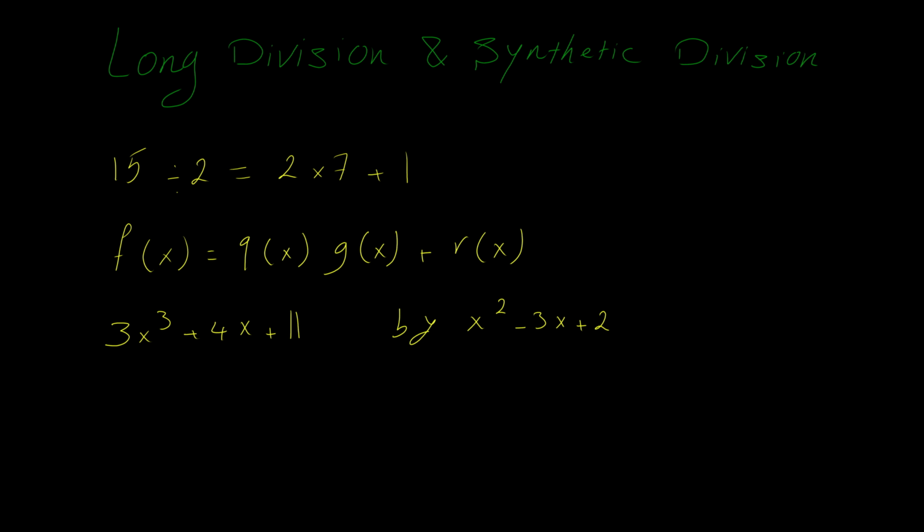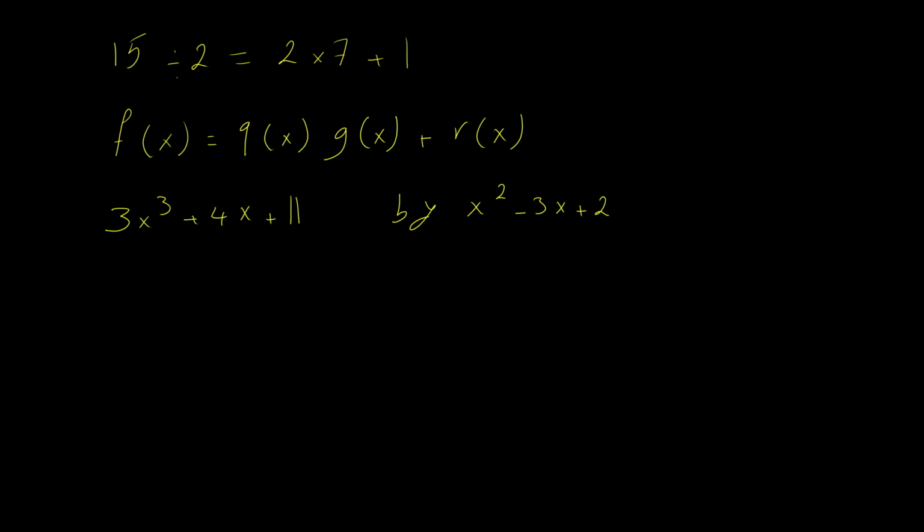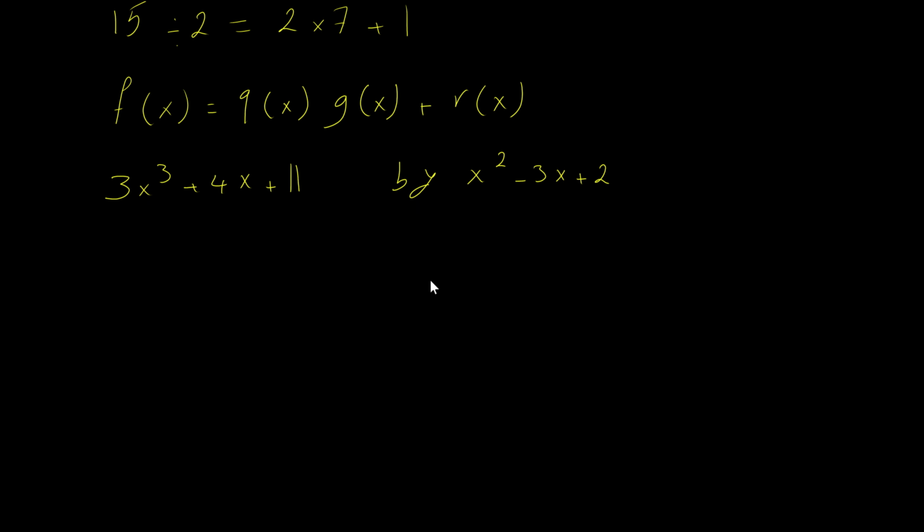So the very first thing that we need to learn is how to write the long division. The first thing is that we write the function that we want to divide by on the left side. So we write x squared minus 3x plus 2.